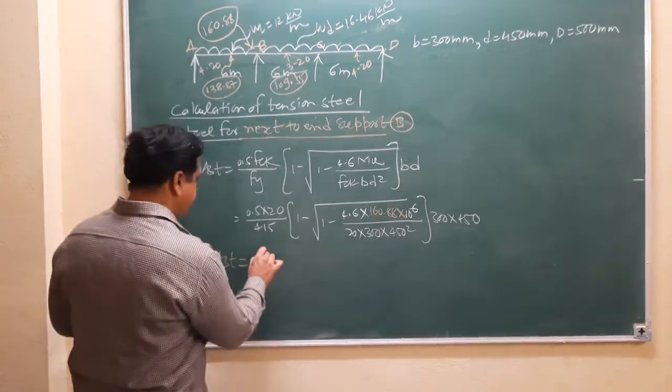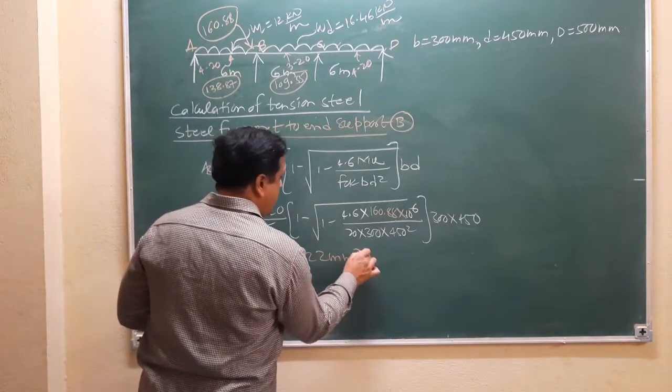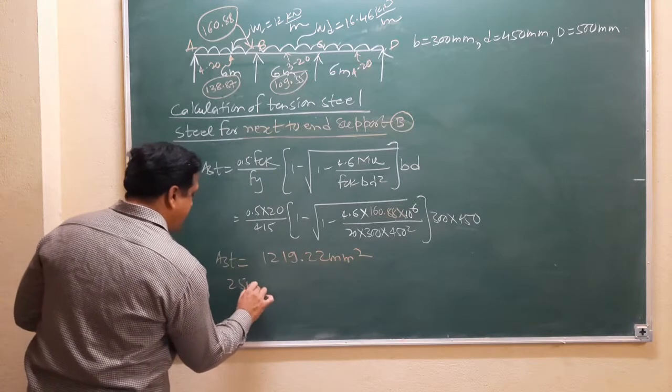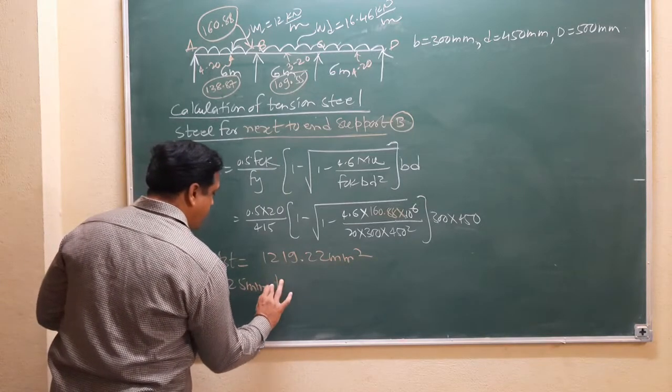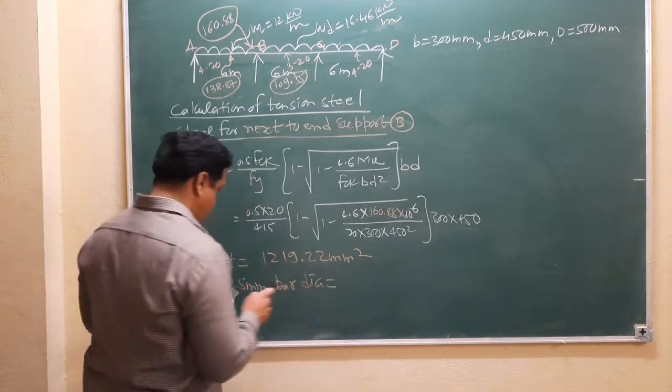The value is 1219.22 mm square. So now you have to provide a 25 mm bar diameter.